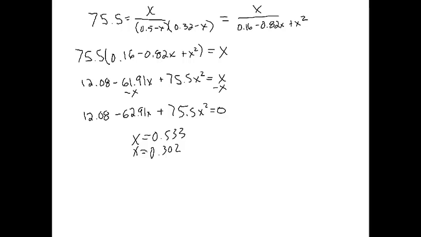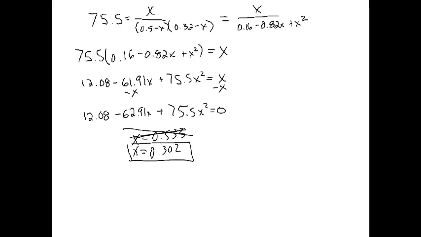Which one of these does not make any sense? Why the 0.533? Yeah, this cannot happen. You would end up with a negative concentration of water. You cannot have a negative concentration of water, right? So it said calculate the concentration of formalin in the solution at equilibrium. Here is your answer.